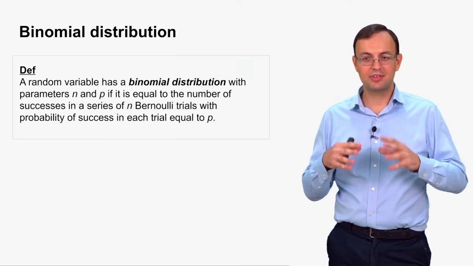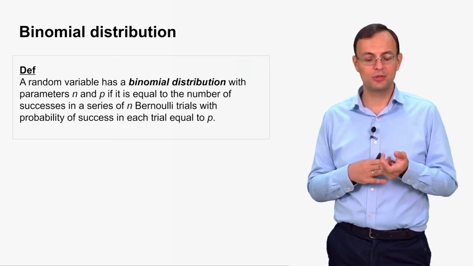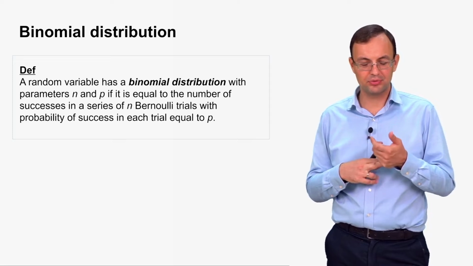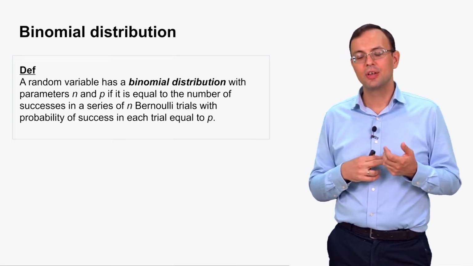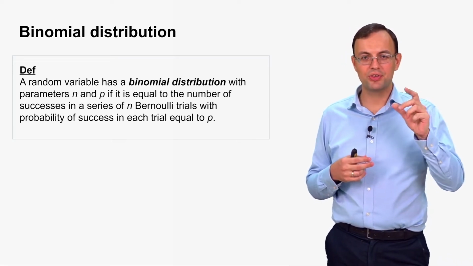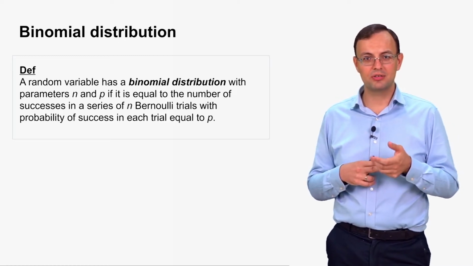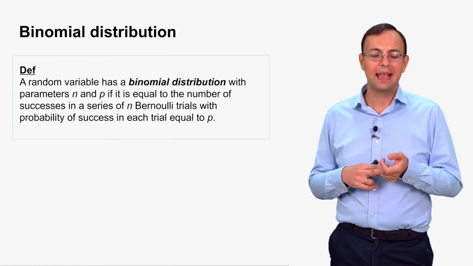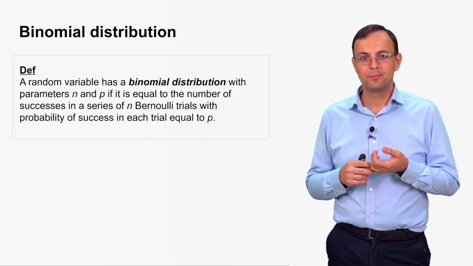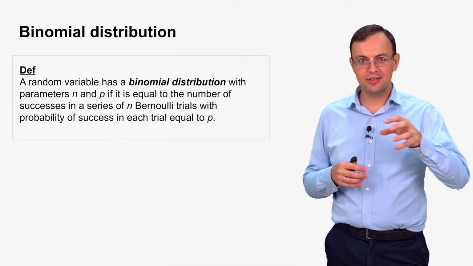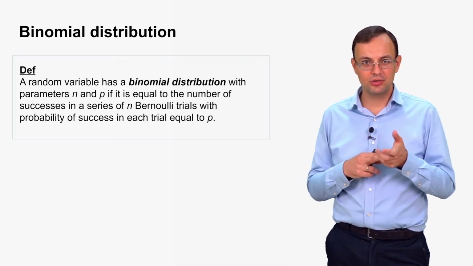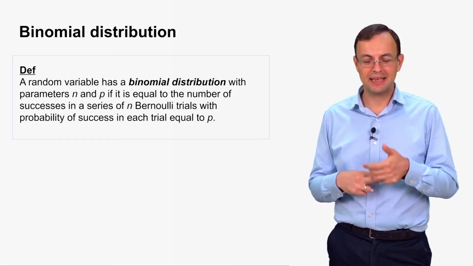So you have a series of Bernoulli trials. Let me remind you what a series of Bernoulli trials is. So you have a trial with two possible outcomes that are called a success and a failure. And this trial is repeated several times, and two conditions are to be met.